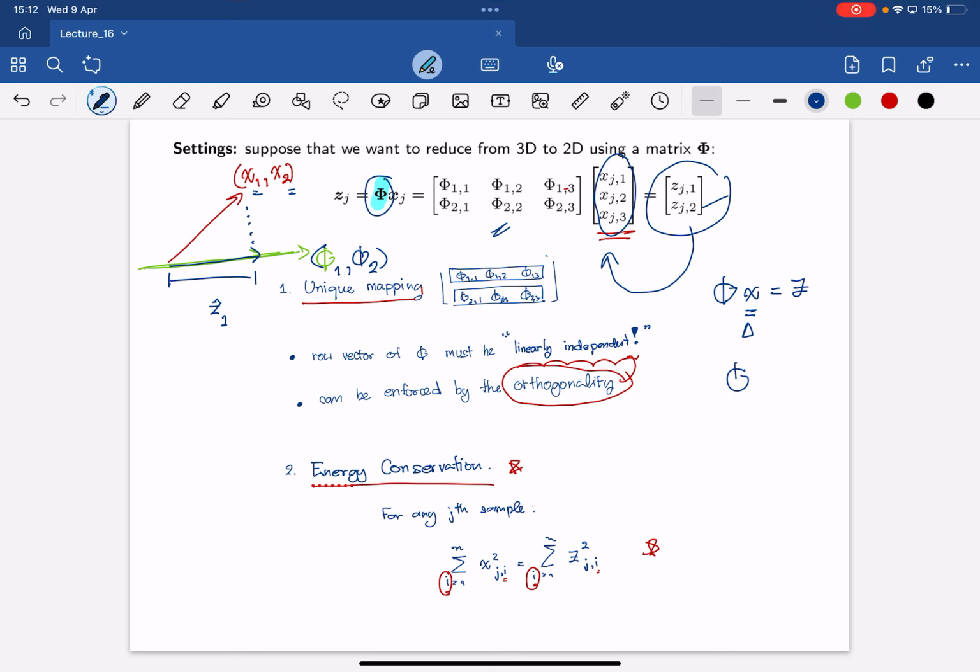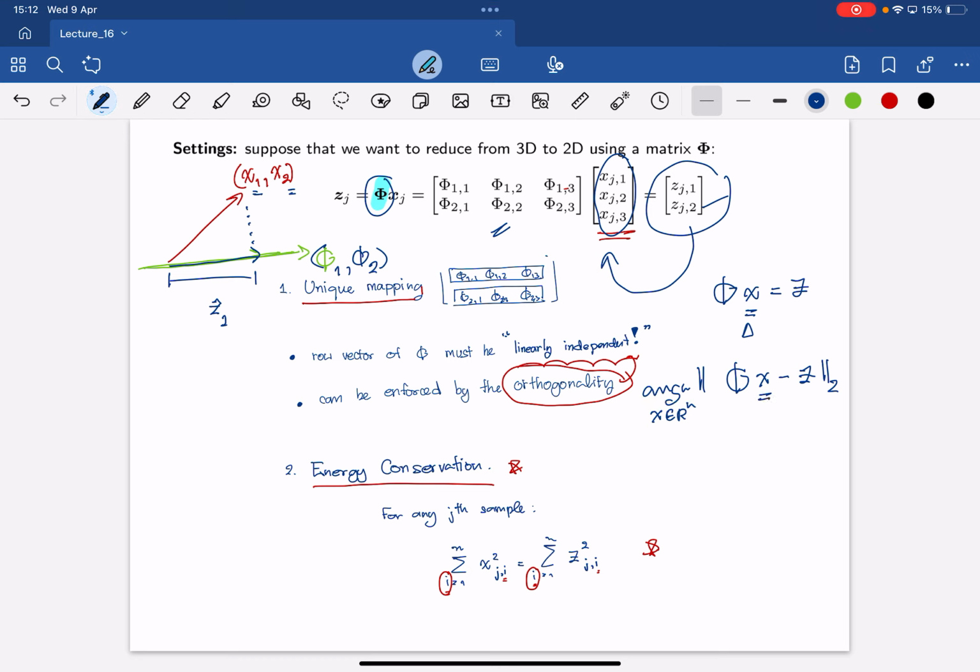So if x is unknown, what do you have to do? This is like solving a linear problem, like least squares. Let's just put it this way.